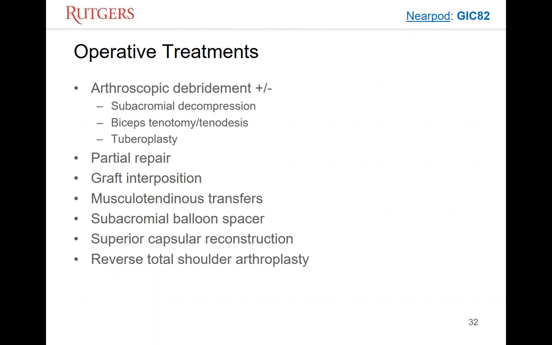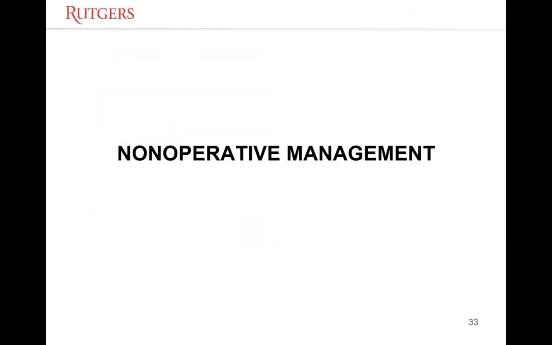Those include arthroscopic debridement with or without a subacromial decompression, biceps tenotomy, or tuberoplasty, partial repair, graft interposition, musculotendinous transfers, subacromial spacers, superior capsular reconstruction, and reverse total shoulder arthroplasty. So we'll visit each of these techniques and the existing data reported for each of them.